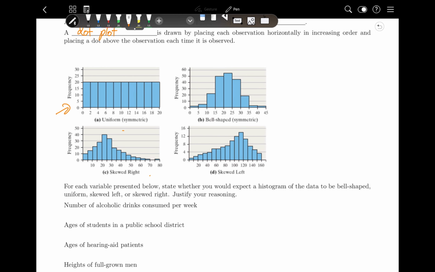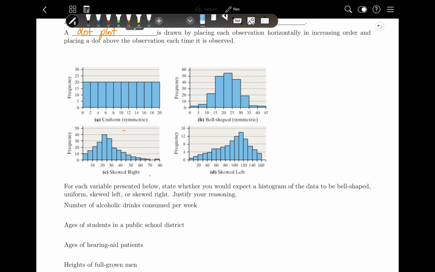And then the next one could be 3 or 3.9 or 3.999. It is whatever the largest values are that could possibly end up in that group. So in this bar, the largest values that could show up are anything less than 2. And in the next bar, it would be anything less than 4. That's why we're saying the upper class limit.